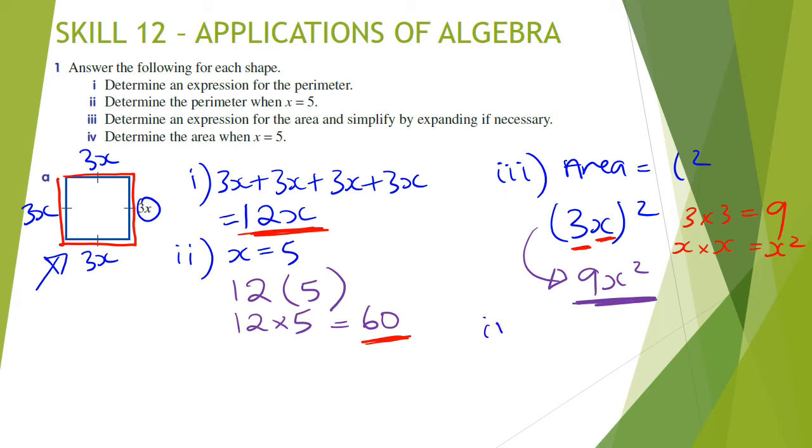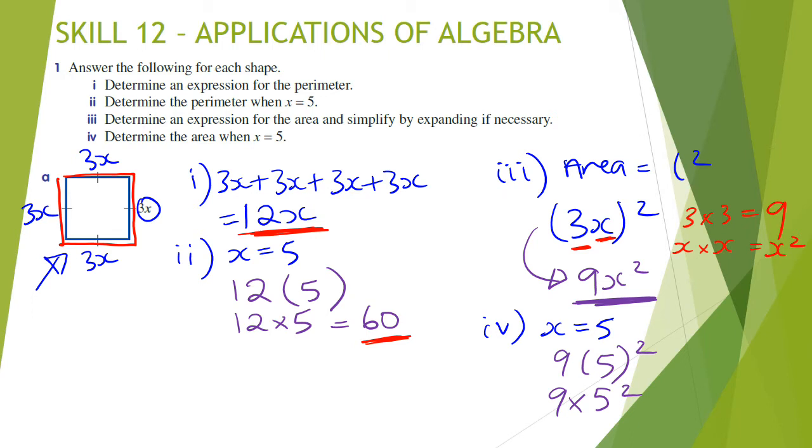If we do part 4 now, determine the area when x equals 5. So we need to put x equals 5 into our area expression. So we have 9, open bracket 5, and then the squared symbol. So we're doing 9 times 5 squared. 5 times 5 is 25.